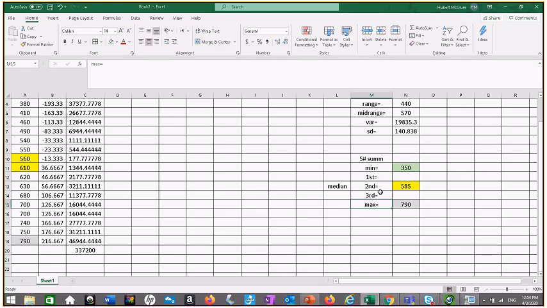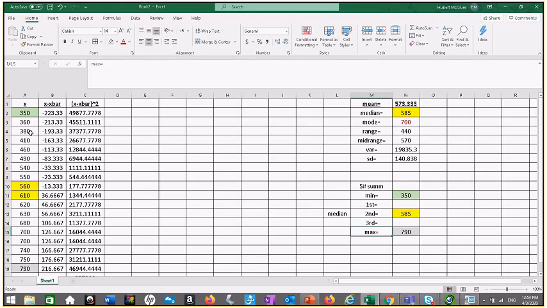Well, right now, this 585 is right here in between 560 and 610. So that means you've got, how many numbers up top of that? 1, 2, 3, 4, 5, 6, 7. Let me count again. 1, 2, 3, 4, 5, 6, 7, 8, 9.